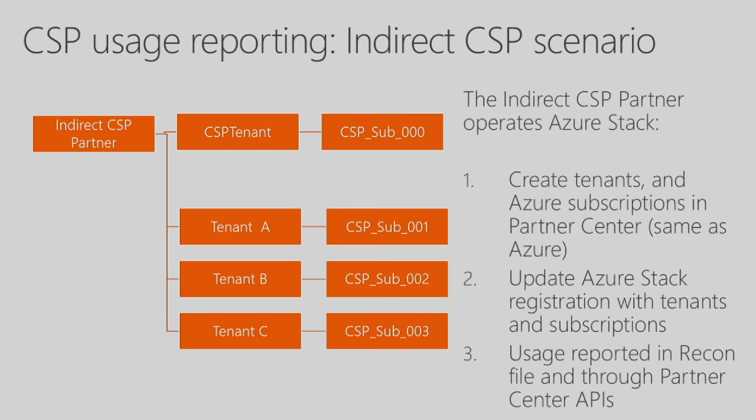And then that information becomes an attribute of the subscription. When you view the usage report for that customer, the partner ID of the reseller is also reported. And that's really the only difference between the two scenarios from the point of view of how you interact with Partner Center and how you interact with Azure Stack.